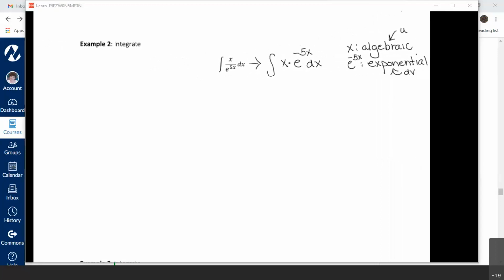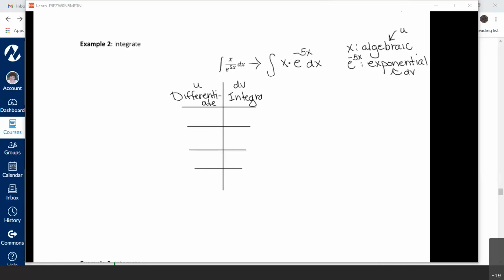Okay, so I'm going to build my table, and I'm going to put in u differentiate and dv integrate. My x goes here, and my e to the minus 5x goes here.